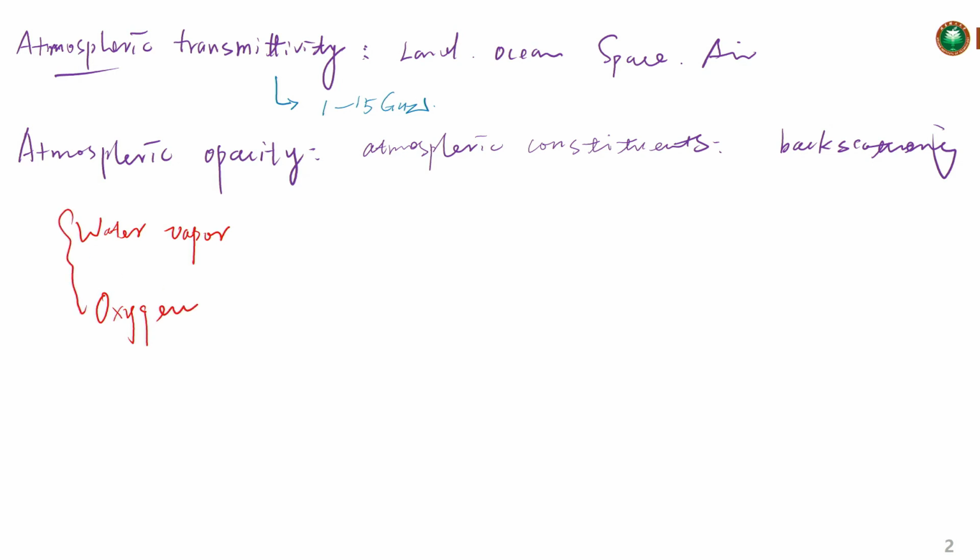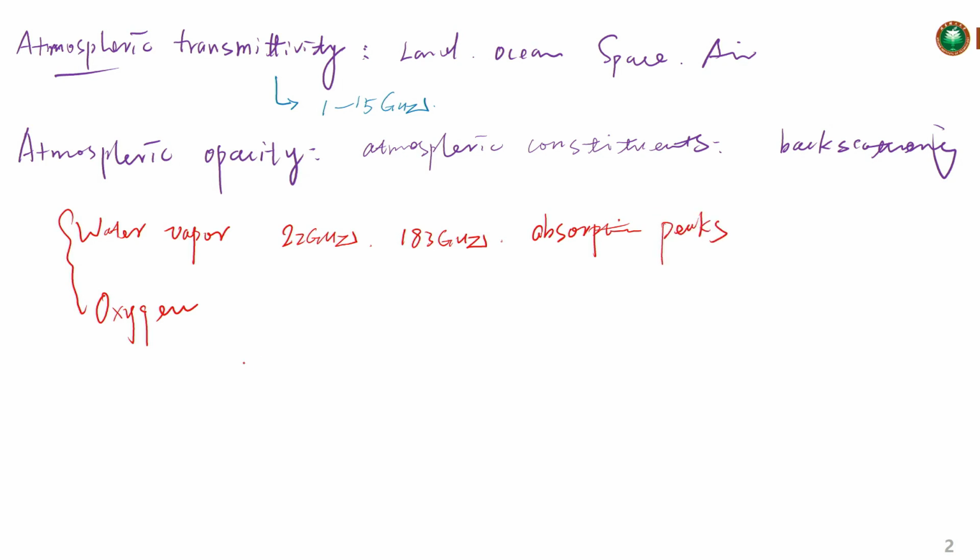The water vapor has several absorption lines, mostly for the electronic absorption. The first one is at around 22 gigahertz, and another one is at 183 gigahertz, the absorption peaks.